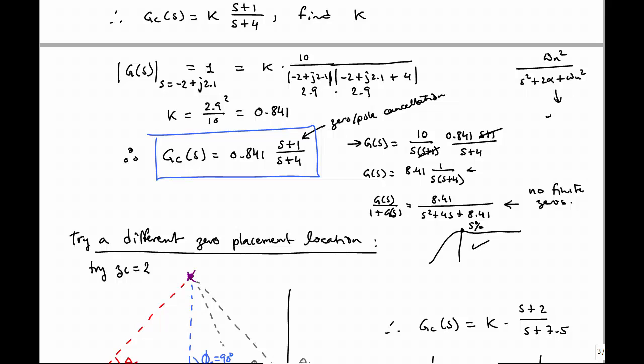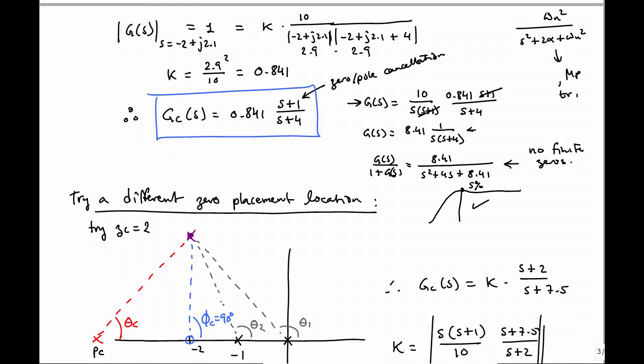This led to zeta, and it led to the overshoot, the rise time, etc. And that was predicated on there not being any finite zeros in our closed loop system. And that's exactly what we have for this first case, where we canceled the zero. Our zero in the compensator was canceled by a pole in our plant.